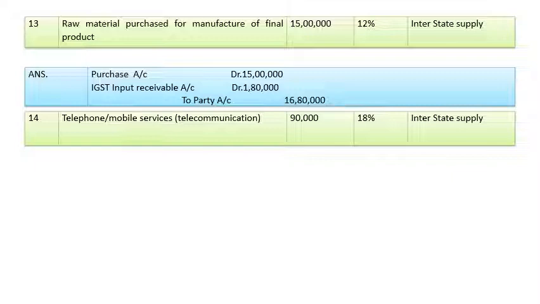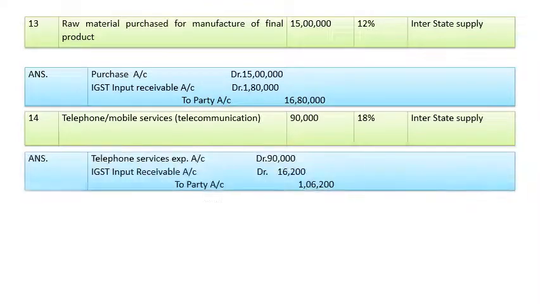So entry is: telephone service expense account debit 90,000, IGST input receivable account debit 16,200, to party account 1 lakh 6,200. So credit is available, company has recorded it separately, and credit of this 16,200 is available later on when outward supply is done by the company.